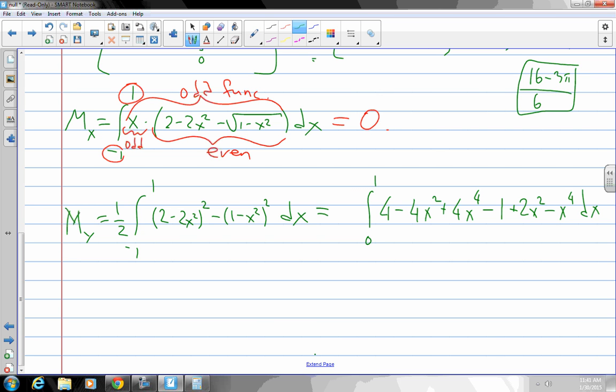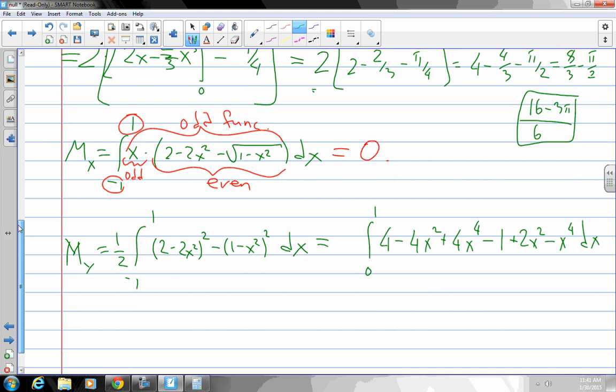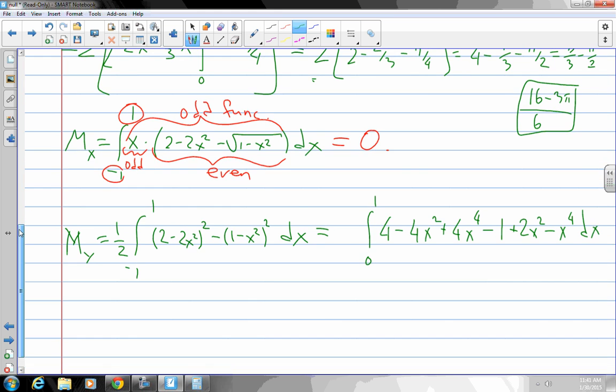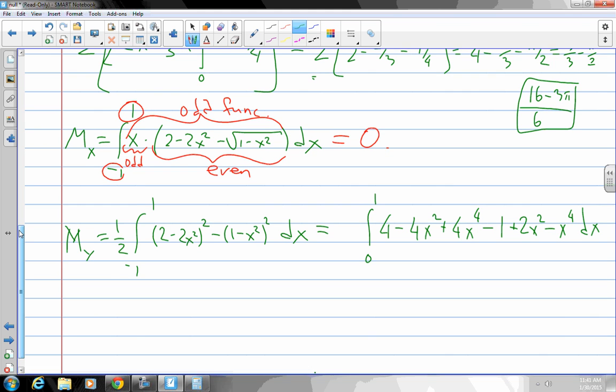Can I ask real quick? I'm sure it's very simple, but how is Mx 0? Because I'm looking at it as 1 minus a negative, which would be 2 of all of that. Well, but again, do you agree that it's an odd function?